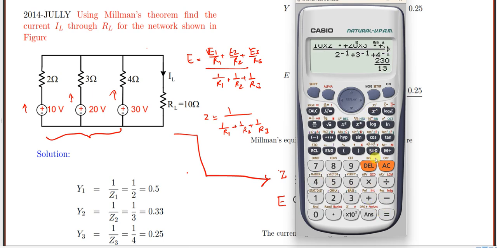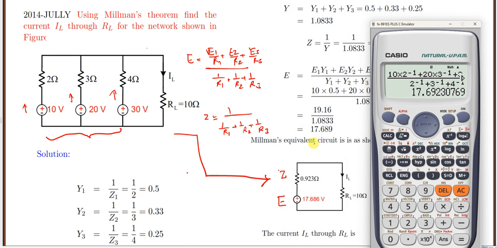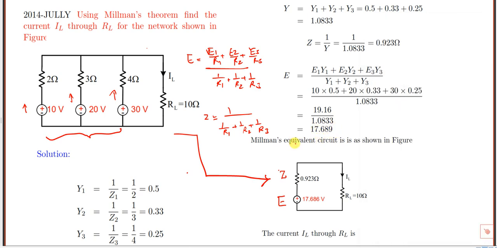You're going to get 17.69, which is the effective voltage. You have to write volts. This is the value of E. We got this using this formula, or you can write this also.